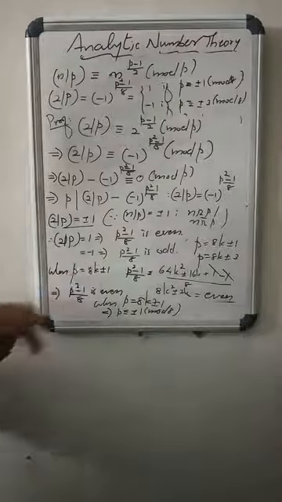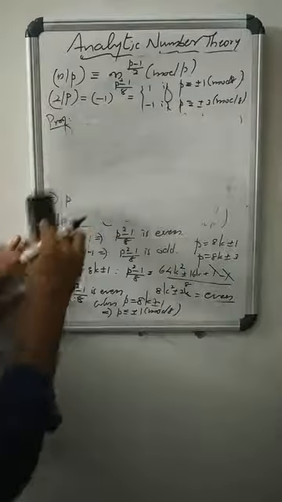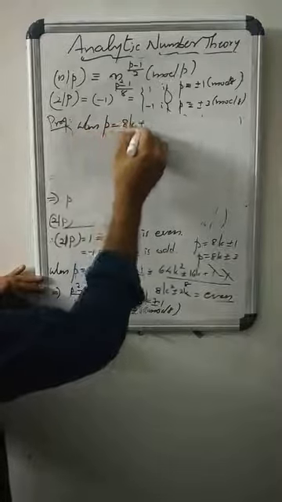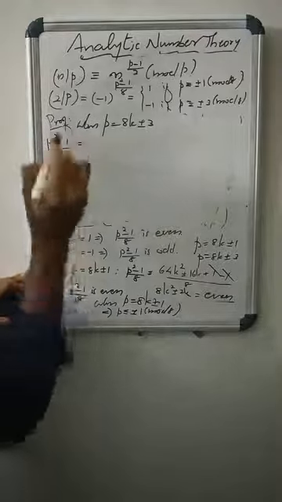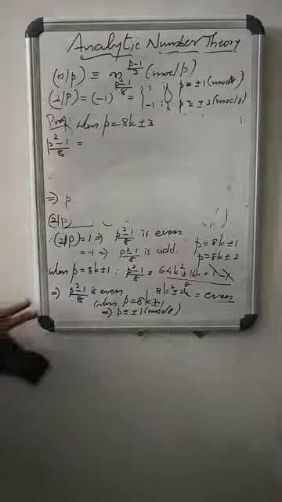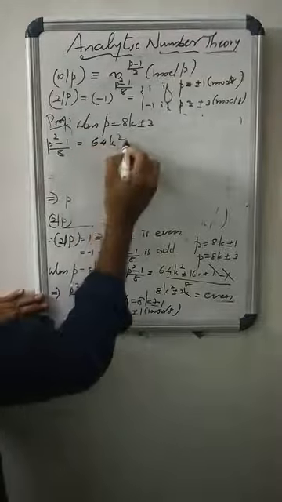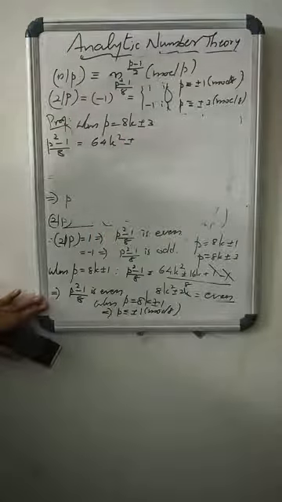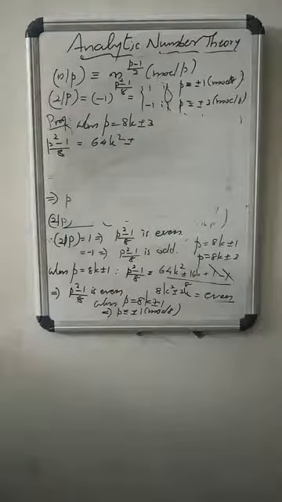Now when p equals 8k plus or minus 3, what happens? What about (p² - 1)/8?